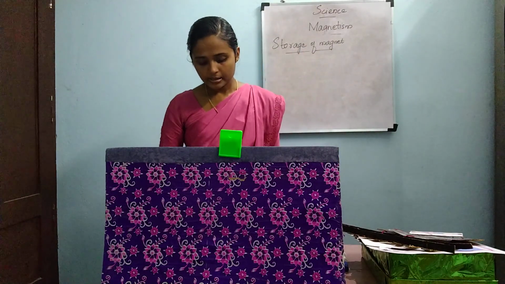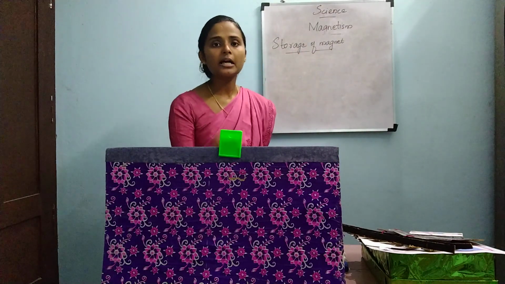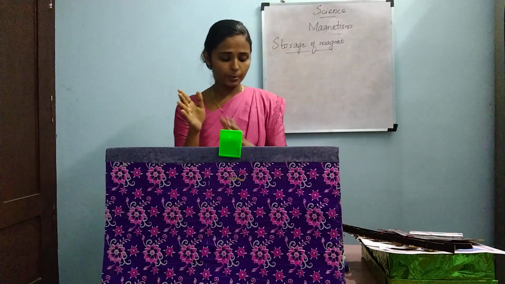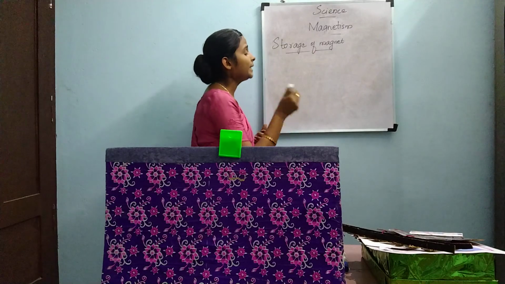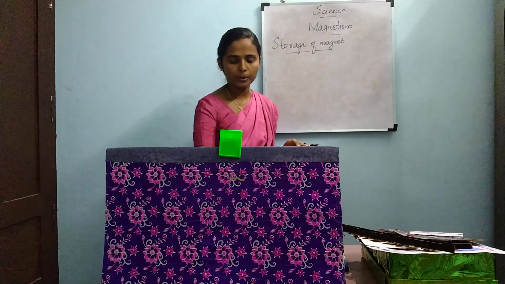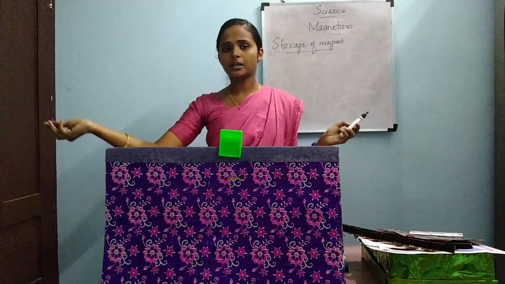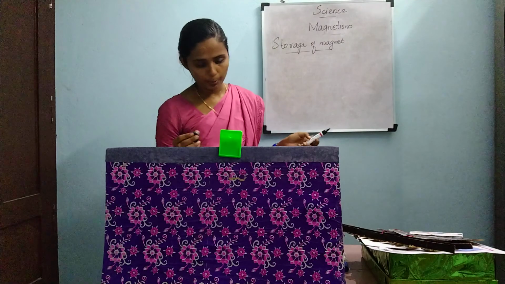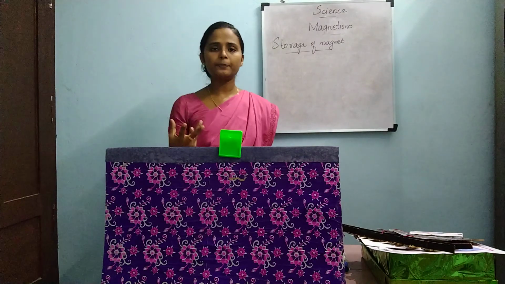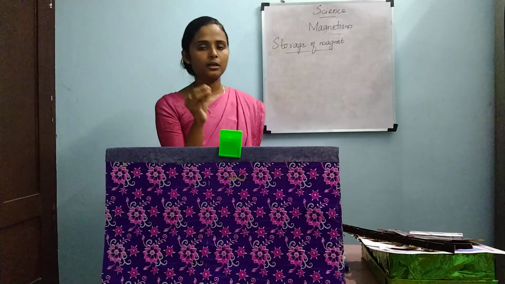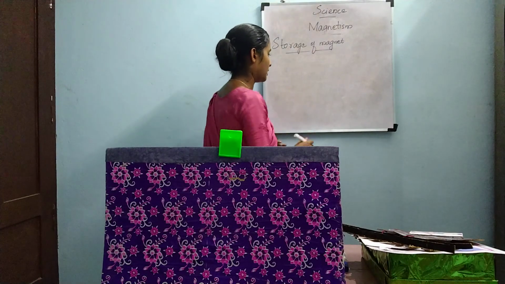So if a magnet is kept in an improper manner, it loses its magnetic property. If I keep this magnet simply somewhere else, it will lose its magnetic property. So how can we keep the magnet in a safe or proper manner?